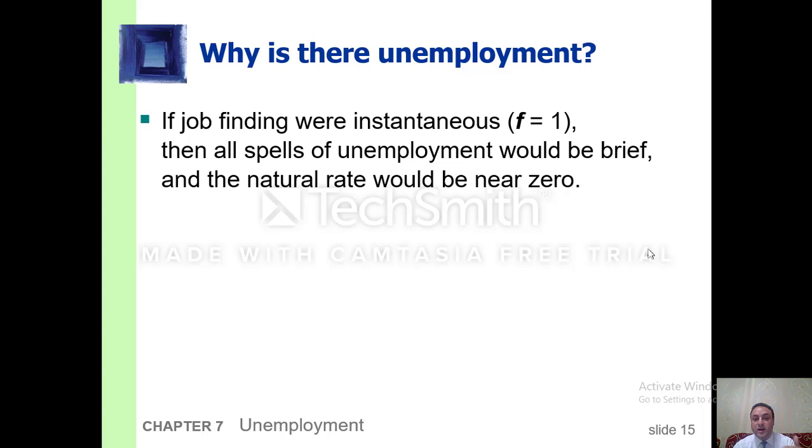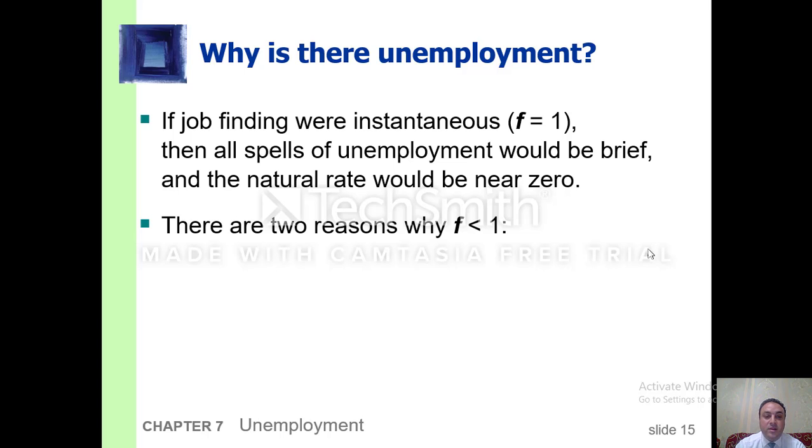So there are two reasons why the job finding rate is less than 1, and consequently the unemployment rate is more than 0. We have two main reasons: job search and wage rigidity, which we will continue in our chapter about these two reasons.